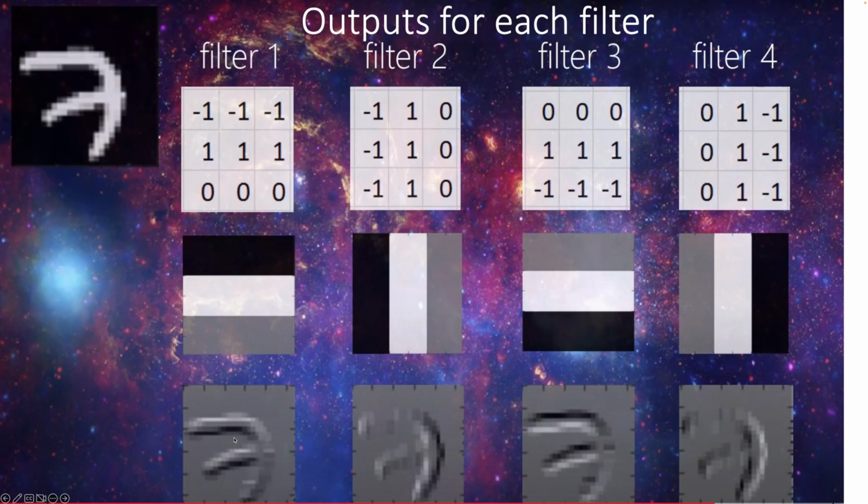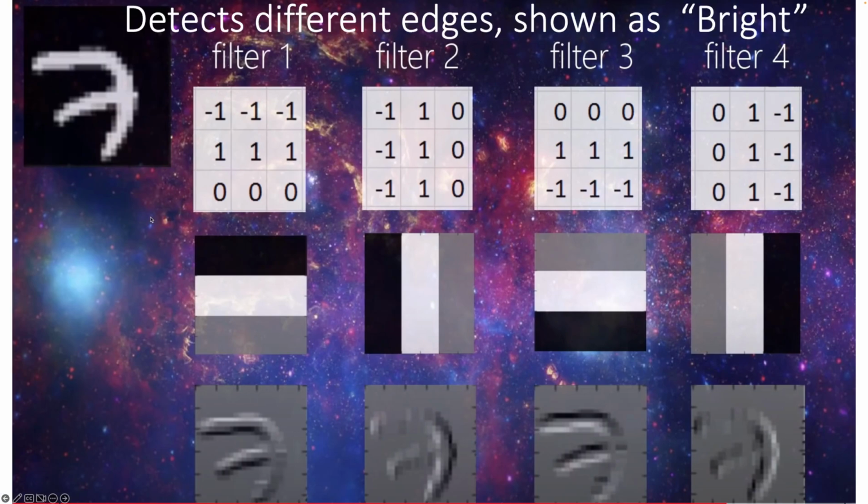And then we have very dark pixels on the bottom, which would mean pretty much the opposite of a top edge. So this is very far from a top edge. And then we have the same things going on with the second, third, and fourth. The second is a left edge. The third is a bottom edge detection, and the fourth is a right edge detection. Again, these are predetermined filters.